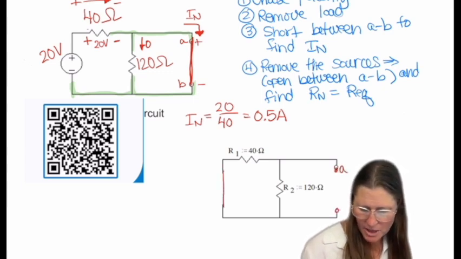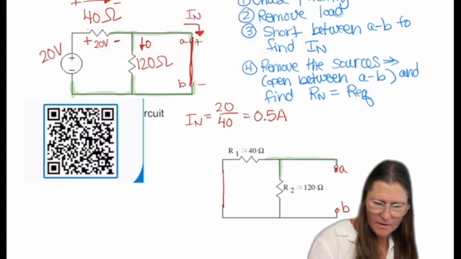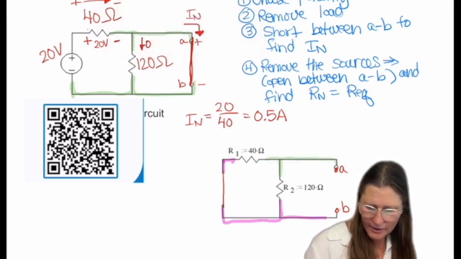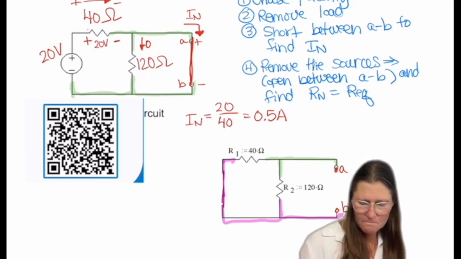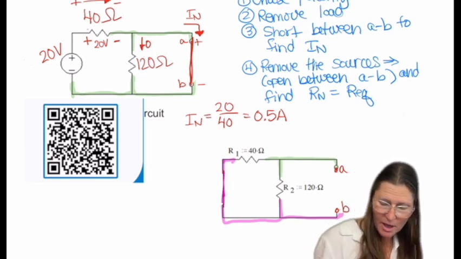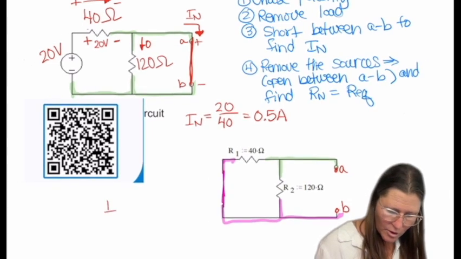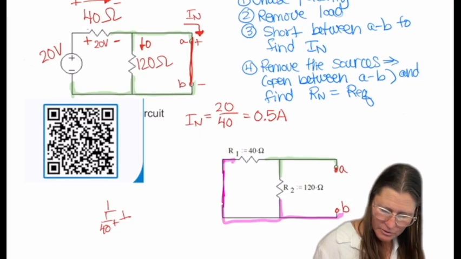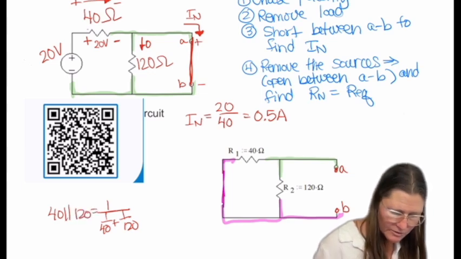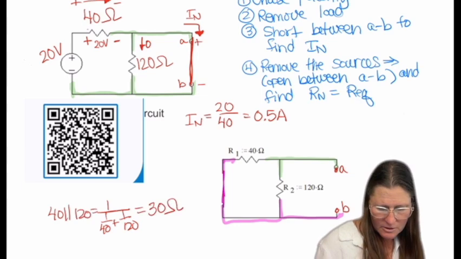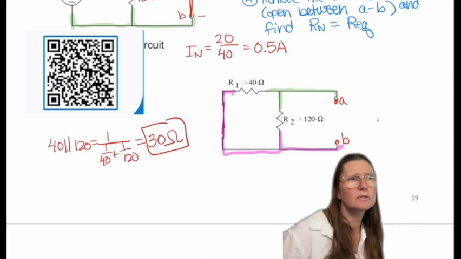And my pathway from A to B, I see that they're in parallel, and so my pathway gives me those two in parallel, which is 1 over 40 plus 1 over 120. So 40 in parallel with 120 equals 30 ohms. And so that will give me the same answer as what I got before.